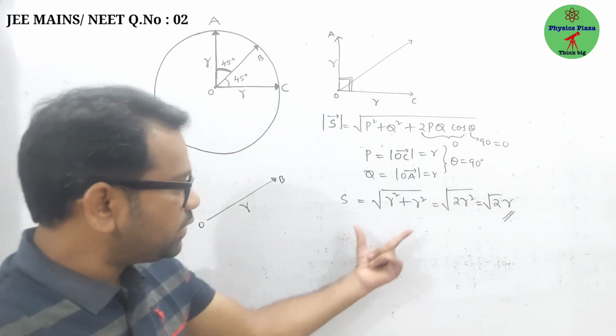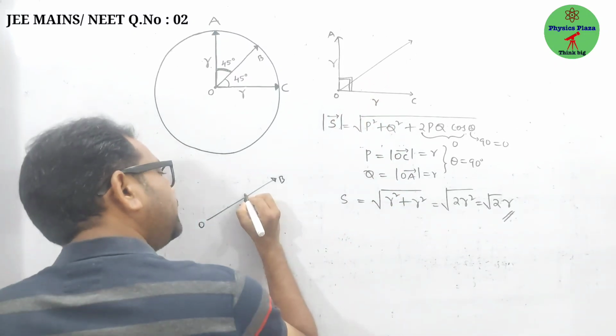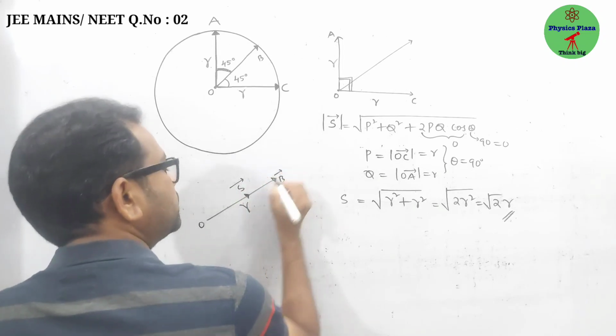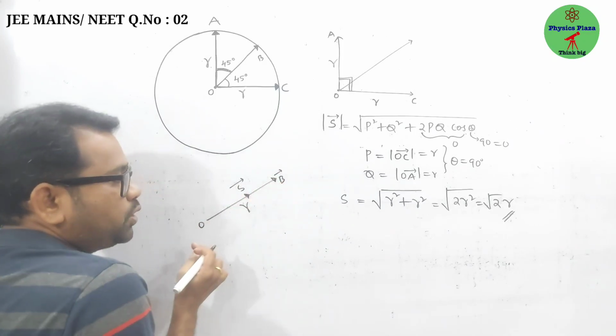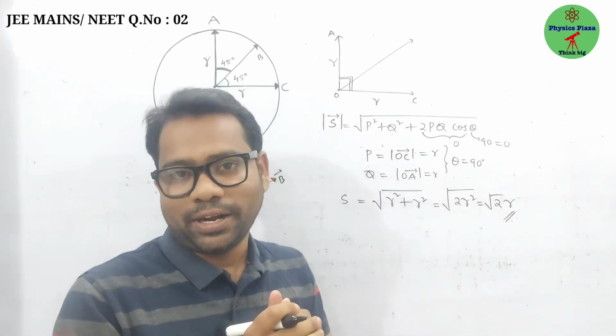Now the resultant vector of OA and OC which we got is also in this direction only. So vector S and vector OB are in the same direction. Whenever 2 vectors are in the same direction, children, directly they can be added.